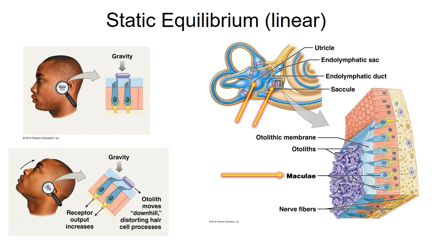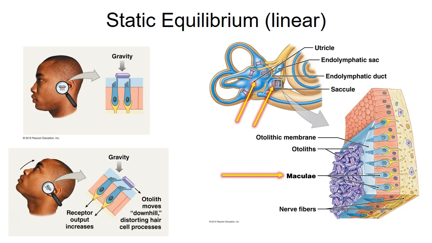So the better example of static equilibrium is if you're sitting or riding in a car and you accelerate or you stop or slow down, right? So your head's not moving, you're just moving in one plane, okay? In order to sense that, that's going to be static or linear, static equilibrium or linear acceleration, right?